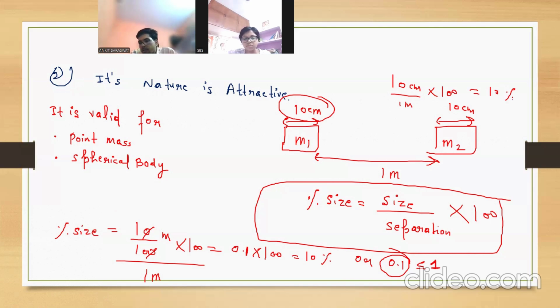Either you say 10%, or you say the fraction is less than or equal to 0.1. Clear? Is this clear to you? When will you consider it a point size or point mass? Yes, sir. Clear? 1 minute.